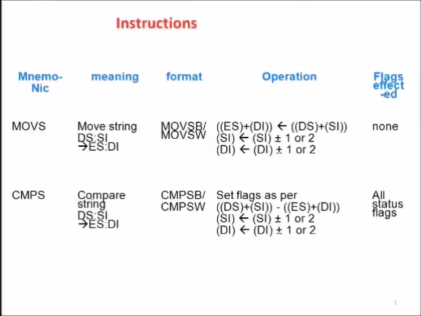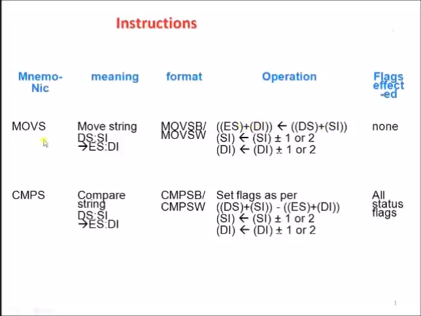Now let us see those string instructions. The first instruction is MOVS. As we have seen, MOV works on two operands. Here the move is performed on two strings, that is, between source and destination. The source is DS plus SI, and the destination is ES plus DI.